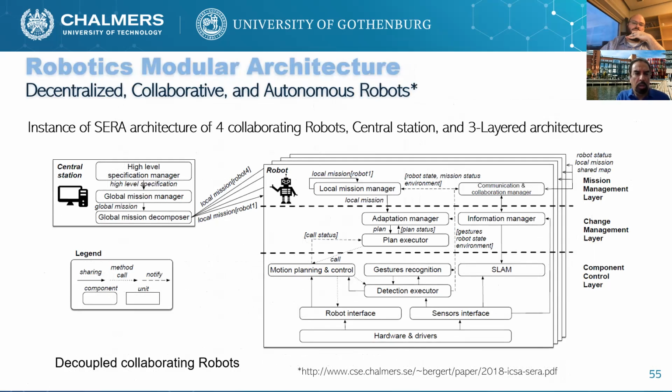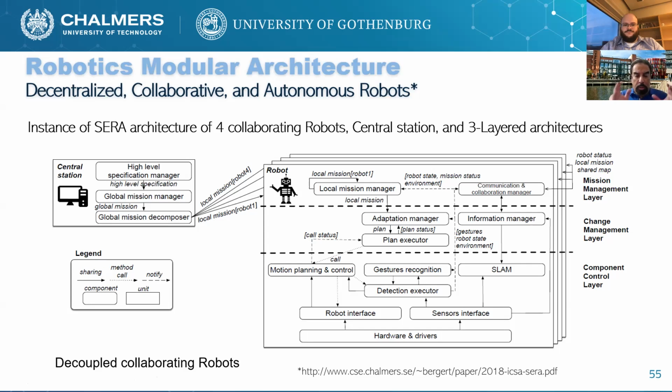Here, I mentioned something about the SERA project, a European grant, and I think this project is a collaboration between Sweden and some other entities. They have demonstrated their ability to create four robots, like you see in these four layers, with different missions. They have programmed their robots in different subsumption layers of sophistication, of ability to do things.